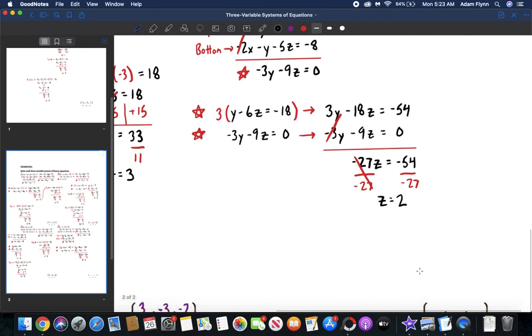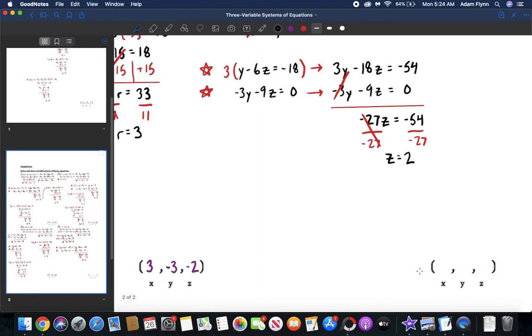So I can take that 2 for z and plug it into one of my star equations and solve for my y. Let's do the top star. So the top star is going to be y minus 6, instead of z, I'm plugging in 2, equals negative 18.